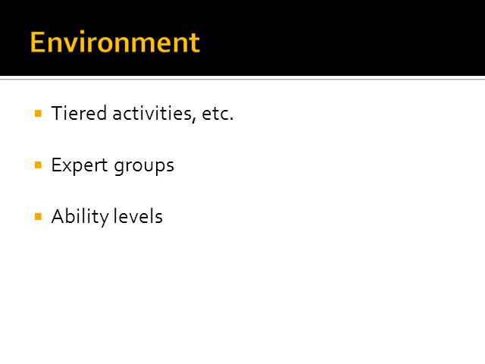Environment can differentiate by tiered activities, mini workshops, use of time, learning contracts, diverse homework assignments, expert groups, supplemental materials, and independent studies. All of these things change the environment of your classroom and allow differentiation to happen.